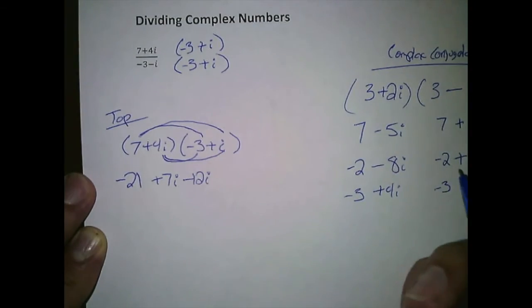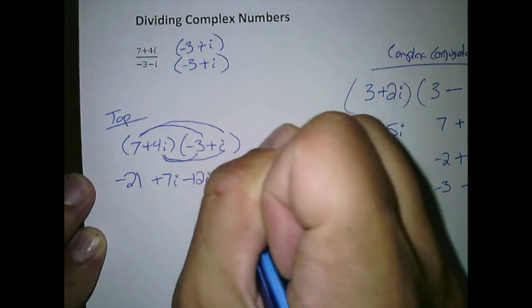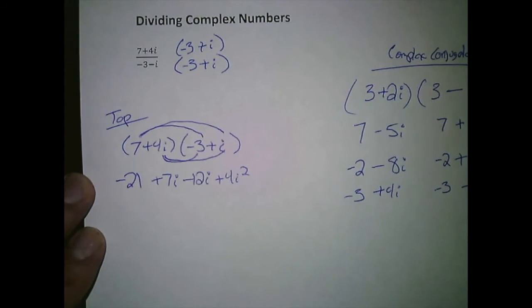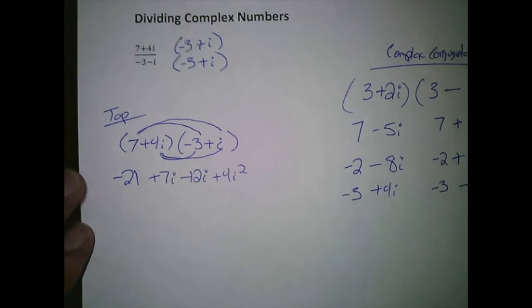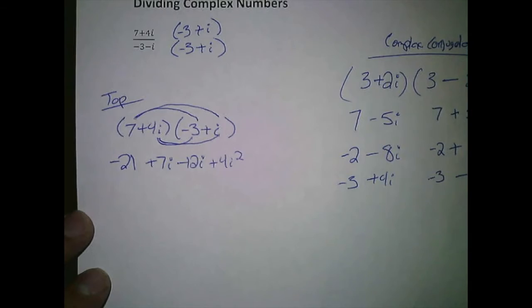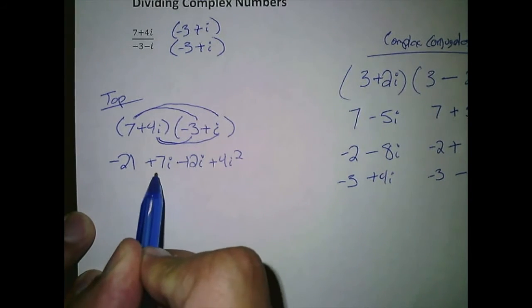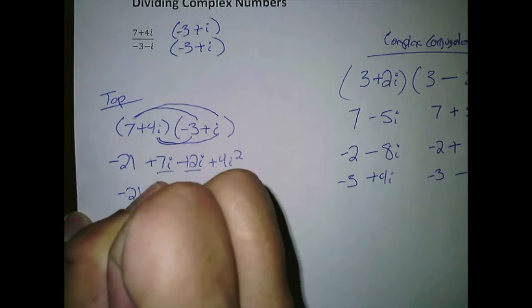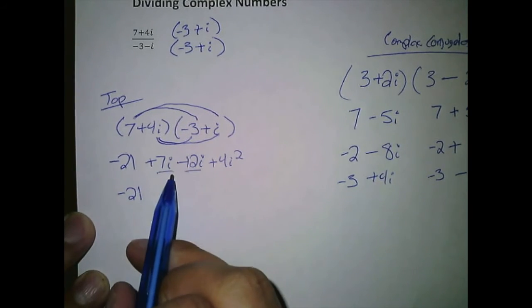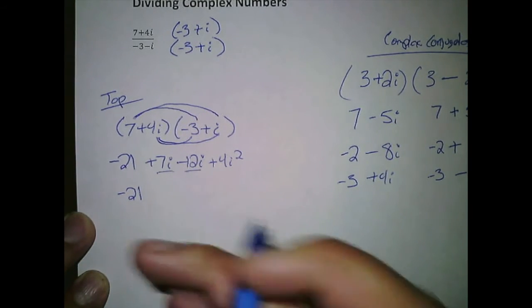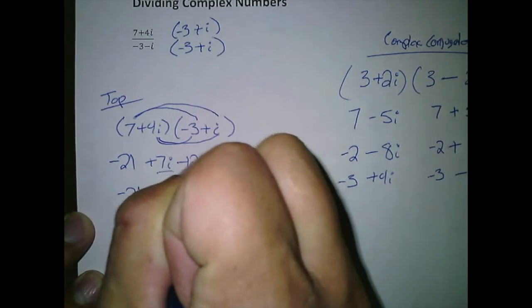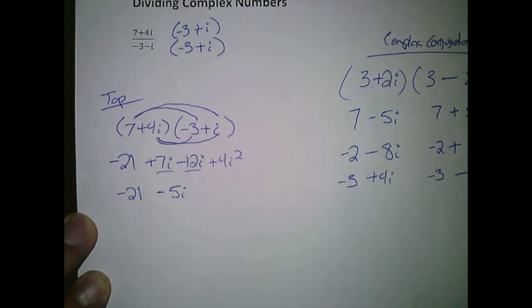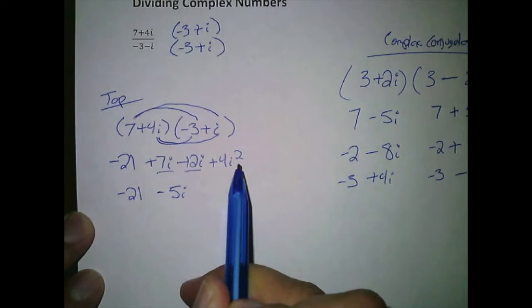4i times i is positive 4i squared. Trying to clean this up, I have like terms in the middle with a 7i and a negative 12i. So the negative 21 is still here. 7i minus 12i takes me to negative 5i. And we talk about this 4i squared piece.